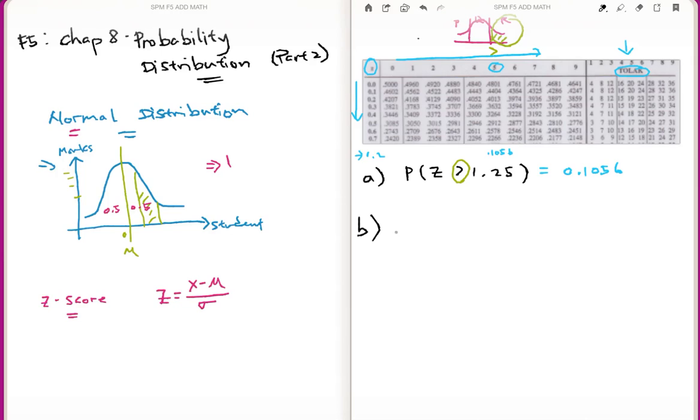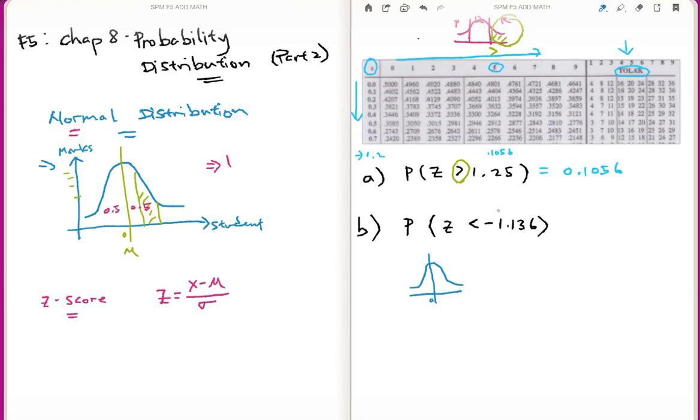B, P of Z less than negative 1.136. Now this one is rather tricky because you can't straight away read from your logbook. To start with, the first rule for this kind of normal distribution question is to sketch a bell curve, a random sketch, with the mean at the middle, so that you know this is 0.